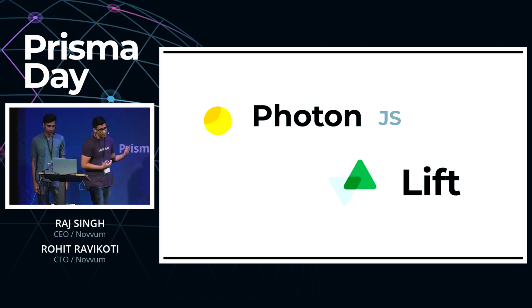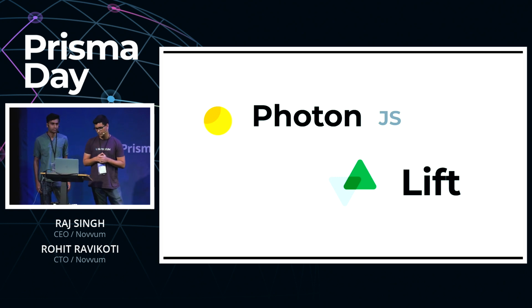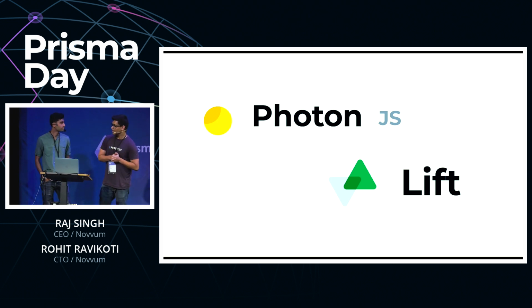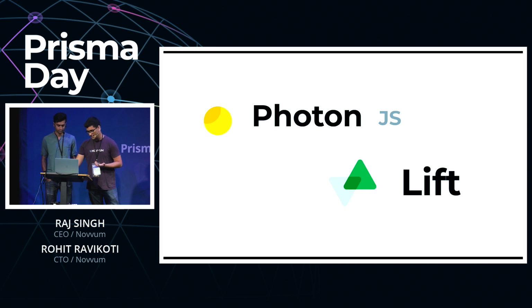Essentially, we're going to be demonstrating some of the new Prisma 2 features, which includes Photon and Lift. Photon is very much the Prisma client and new database ORM, and Lift helps us with our data modeling and our migrations. We're going to be representing this in 3 different formats.